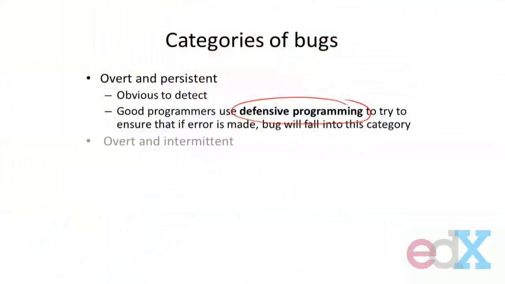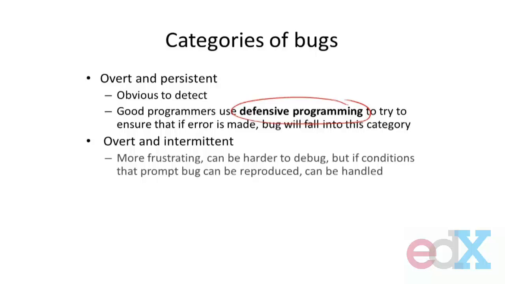That'll make it really obvious if I've got the wrong kind of input coming in here. So an overt and persistent bug is easy to catch, easy to detect and hopefully easy to fix. Overt and intermittent are more frustrating because they can be harder to debug. But if the conditions that prompt the bug can be reproduced, usually we can handle those.